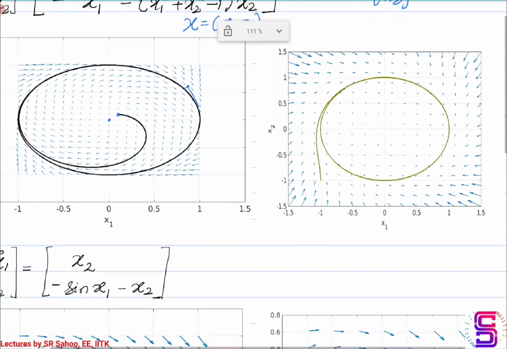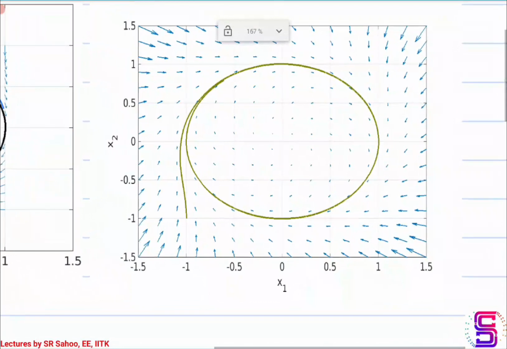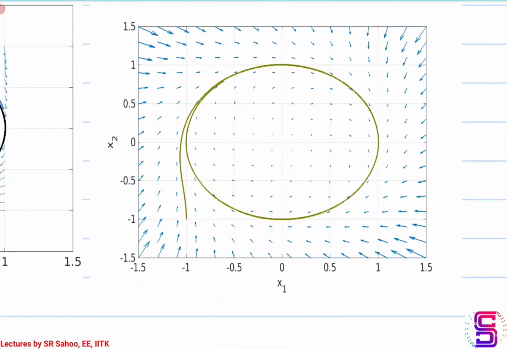So this is a case wherein the point is outside the circle, and you see here all the vectors that you have outside the circle of radius 1 centered at origin, they are all pointing towards it, so if you trace the trajectory with the help of these vectors, everyone will try to converge onto this circle.